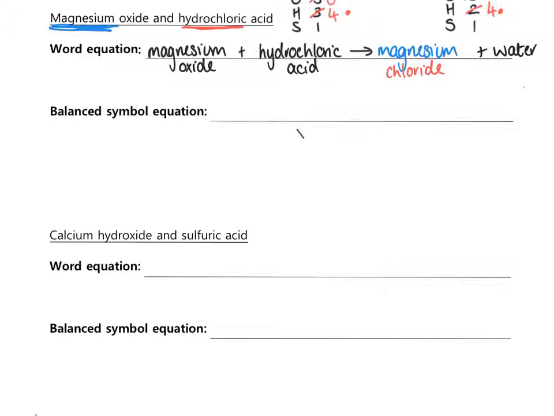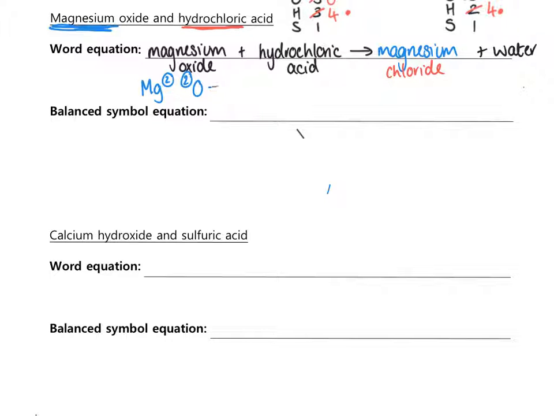So for my formula, I need to do a bit of swap and drop work. Magnesium oxide is simply using magnesium and oxygen. So don't overcomplicate this if it doesn't need to be. So you've got magnesium and then you've got oxygen. Magnesium is group 2, so it should have a valency of 2. Oxygen is group 6, so it should also have a valency of 2.